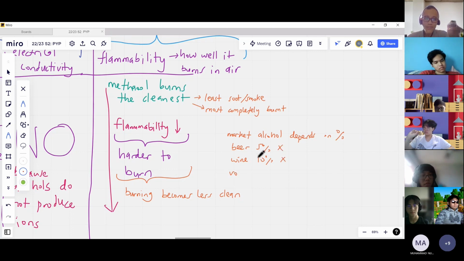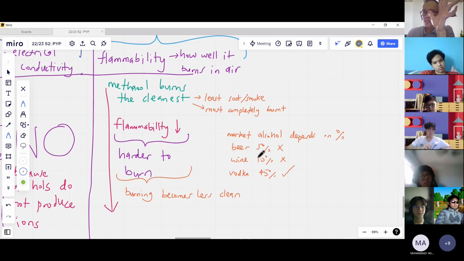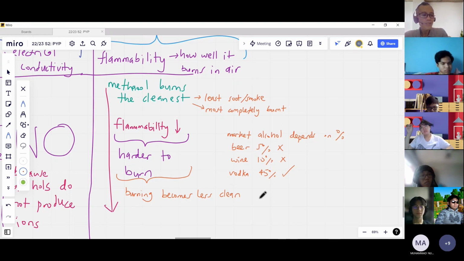But as our friend mentioned, vodka, 45%, is good enough to burn. Maybe you have watched those movies before. Sometimes they want to test the quality of the alcohol, so they try burning it. If it burns, then it's good quality, with a high percentage of alcohol. Typically you need about 30-something percent for burning. So that's the guideline. But this one, no need to remember. It's not exactly something that's going to come out.